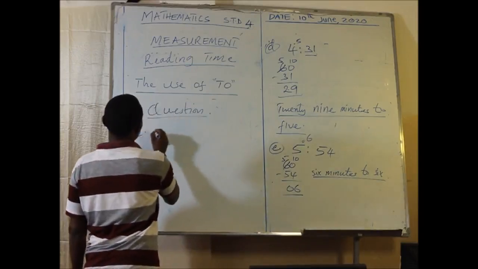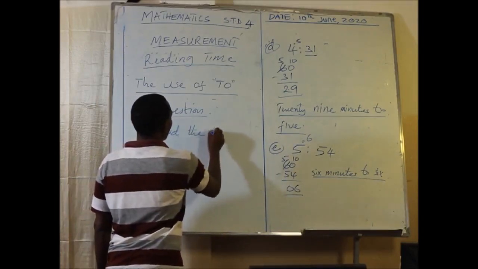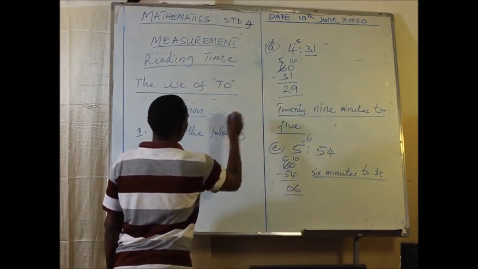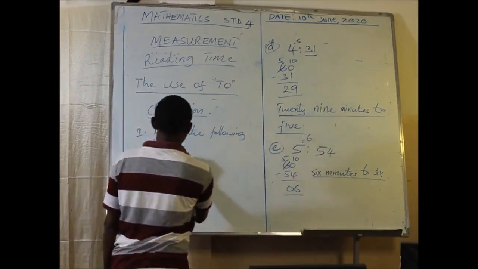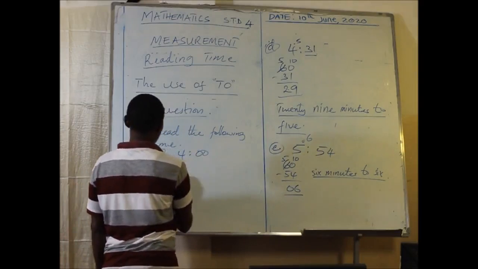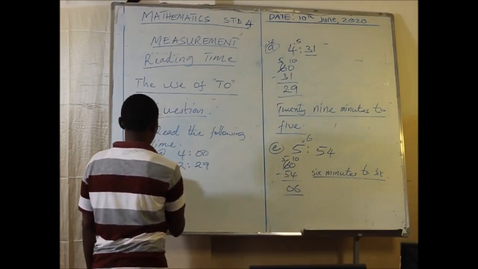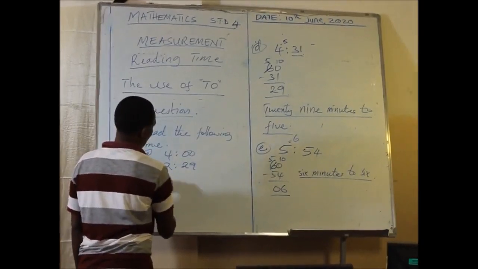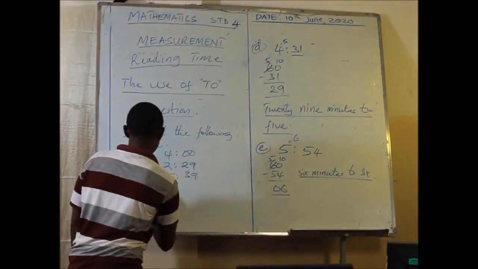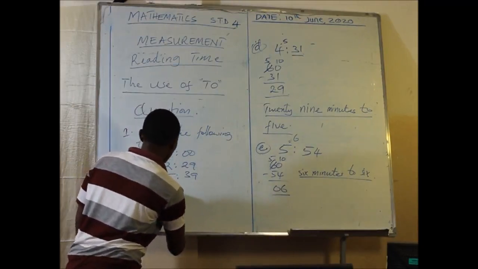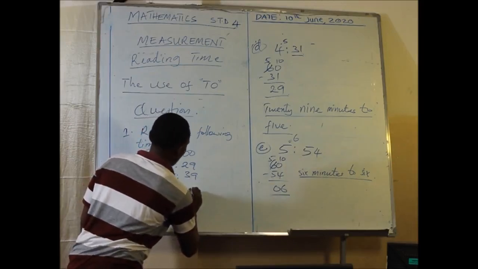Number 1. Read the following times. A. 4.00. B. 2.29. C. 5.39. D. 12.06.